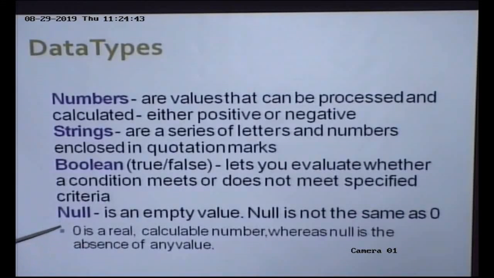If you assign the value x equal to null, then it is an empty value. So there are two concepts that come here, null as well as undefined. It is entirely different from the variable x equal to 0, which is a calculable value, whereas null defines nothing. It's an empty value.